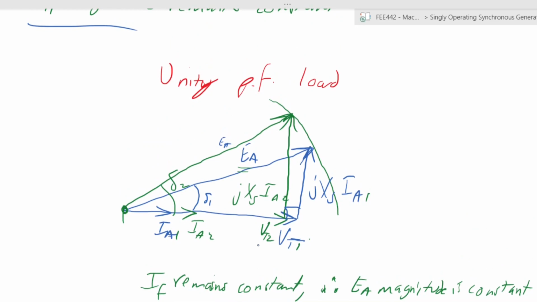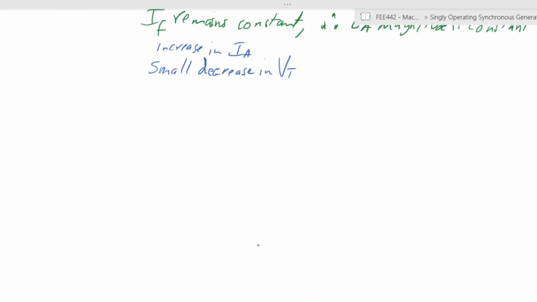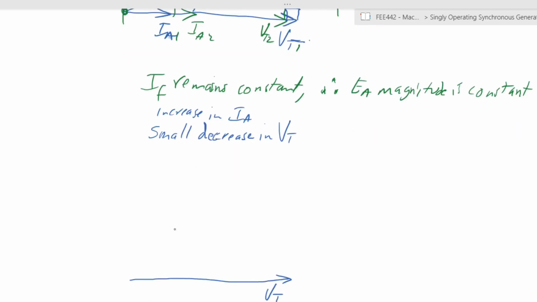So finally, for this example, let's look at what happens when we have a leading power factor. So same thing, same scenario, our VT. So our VT is there, and you have IA at a leading power factor, which looks like that.